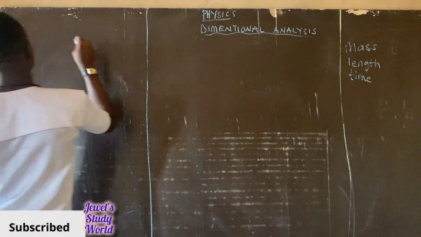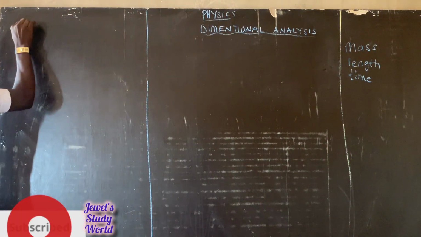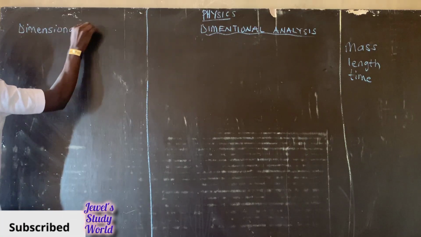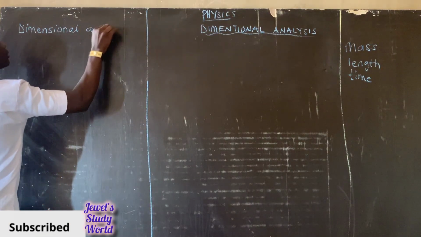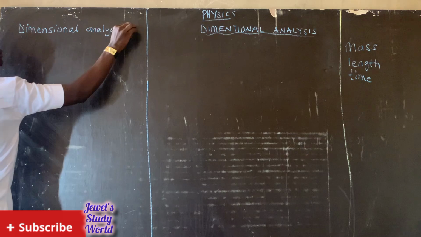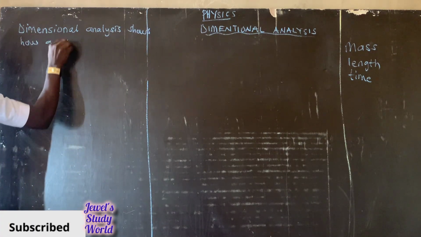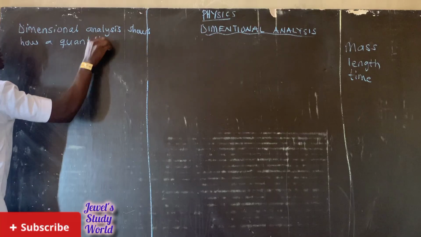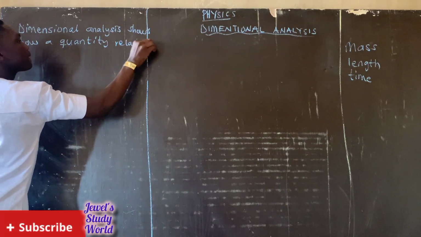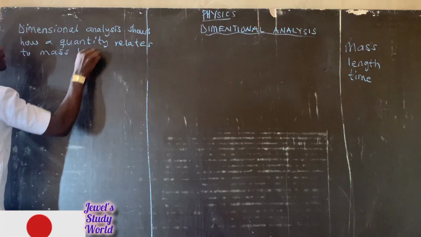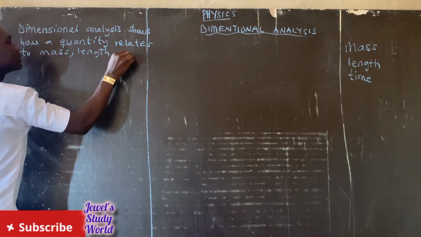So let me write it here. Dimensional analysis shows how a quantity relates to mass, length, and time.